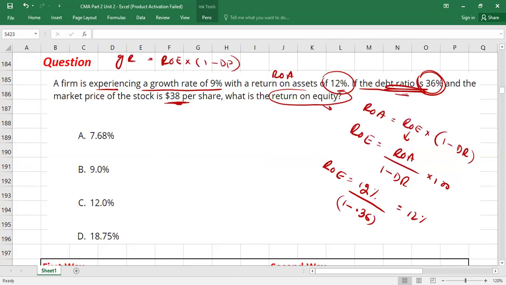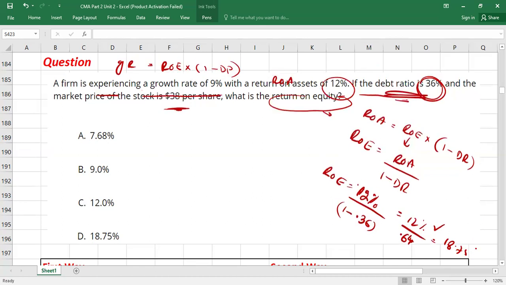It will be 12% divided by 1 minus 0.36, which is 0.64. So 12 divided by 0.64. No need to multiply by 100 because the numerator is already a percentage. If I had used 0.12, then I could multiply by 100. Since I used 12%, no need to multiply. So 12 divided by 0.64 gives you 18.75%.